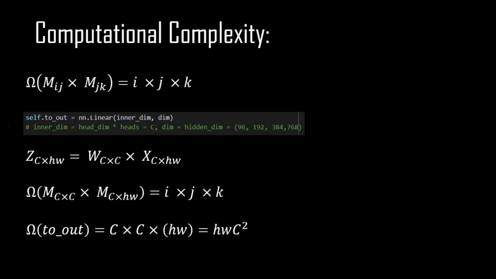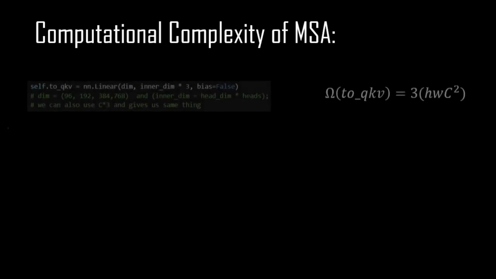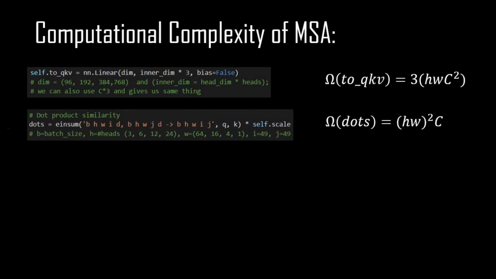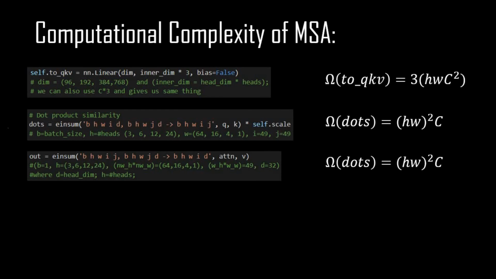Okay, now let's put everything together. First we have this linear layer, and we just calculated its time complexity. Then for our dot product similarity, first we calculated the multiplication between q and k transpose, and that is the time complexity of that. Then we had the output of the softmax multiplied by value, where we can see the attention multiplied by value, and this is the time complexity of that one.